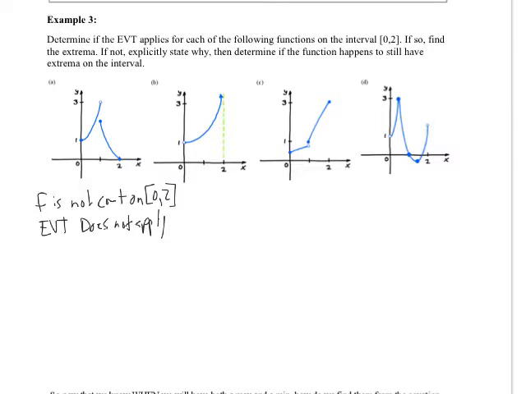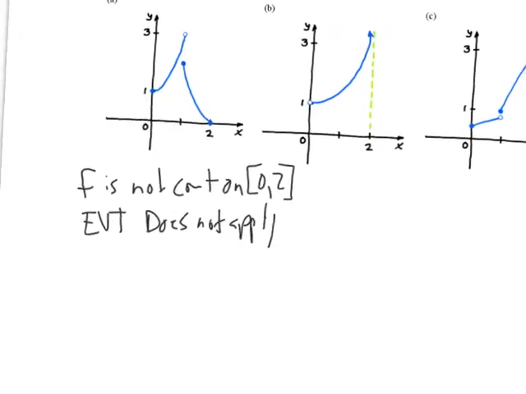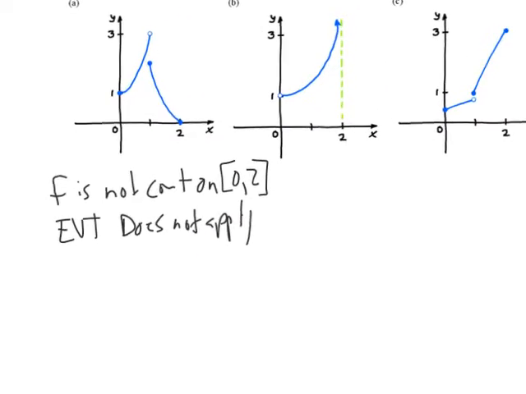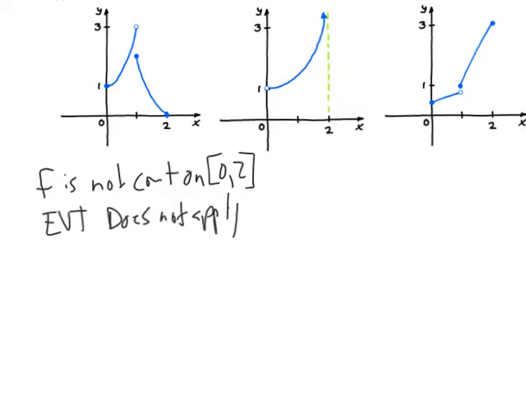We could alternatively say that f is discontinuous at 1 and 1 is in the interval 0 to 2. I'm going to zoom in so that I can write more clearly. So the EVT does not apply, but that does not mean there is no absolute max or absolute min. It just means they're not guaranteed.